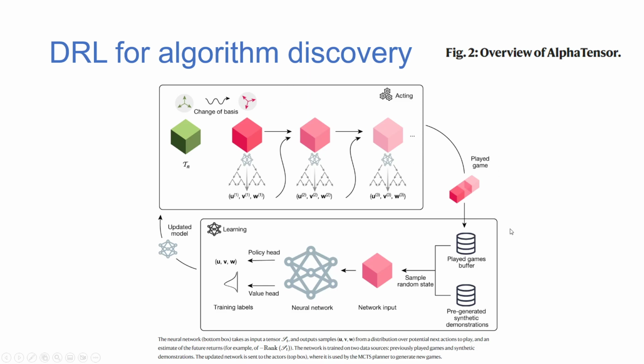As mentioned before, there's going to be a database of pre-generated synthetic demonstrations, which are generated offline before the training and are demonstrated to perform well. In addition to that, when you get experiences of finding new algorithms, you're going to collect them there from the reinforcement learning training. And I understand that once you have discovered a better, optimal algorithm, you're going to take it from there at the end.